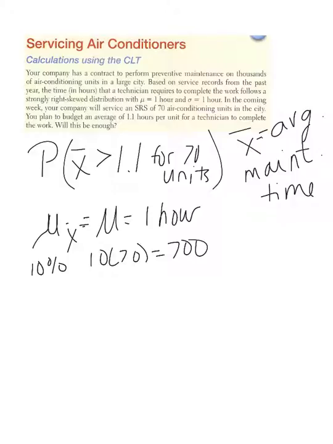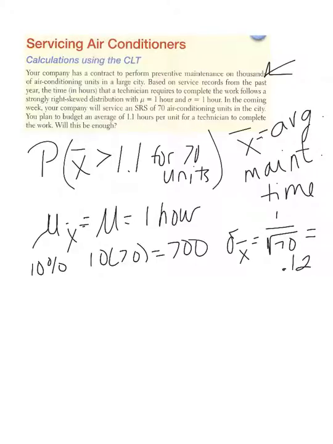It says that your company does maintenance on thousands of air conditioners, so we meet that 10% condition. My sample is less than 10% of my population, so I can use my standard deviation formula. My standard deviation of the sample is going to equal my standard deviation of 1 over the square root of my sample of 70, which gives me a standard deviation of 0.12.